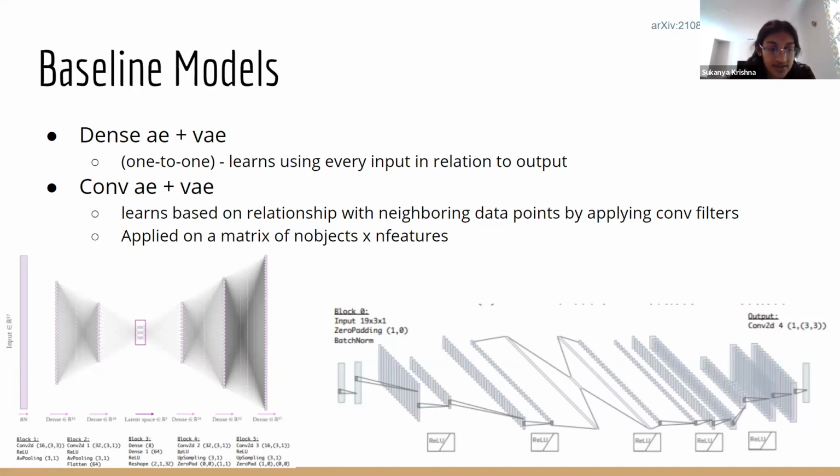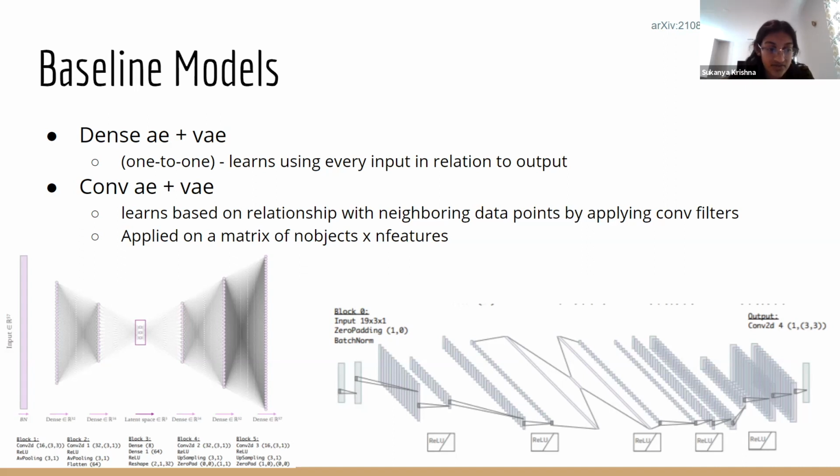So we have a dense autoencoder model, which learns based on every computational unit in the received input and will output a fully connected layer of the same dimensions as the previously received one. We also have a CNN-based autoencoder and variational autoencoder model.